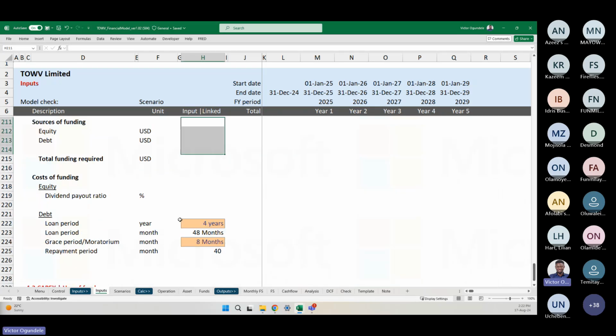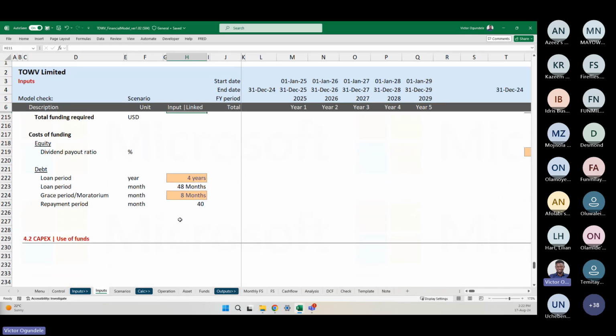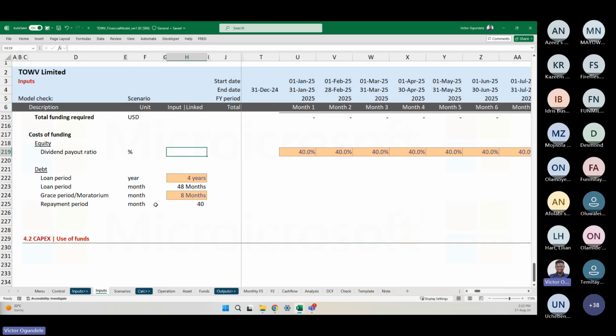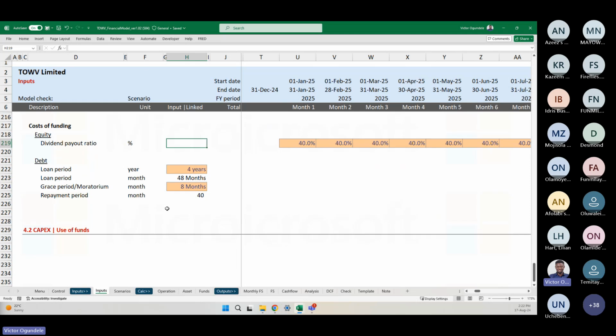So don't worry, as I said, if you can build out a typical operational model like this, you understand the whole thing. Project finance should not be difficult for you to understand and flow with, right? So that's what the grace period is saying. We are giving you the debt, but because the business has not commenced, you've not even started operation, talk less of generating revenue, we give you this period.